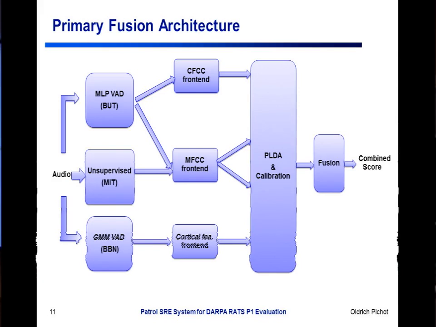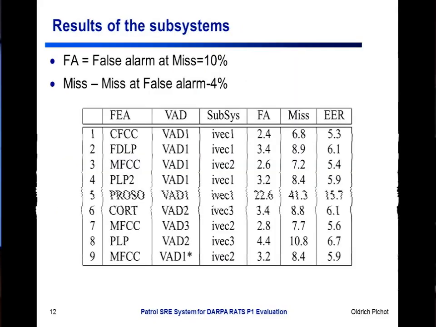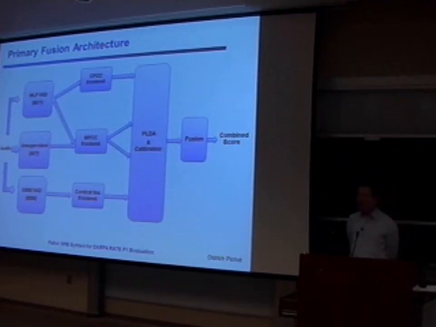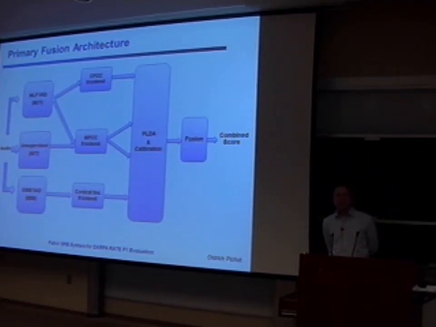Fusion is just a linear combination of scores plus some bias to give you nicely combined log-likelihood ratios. The unsupervised VAD is a VAD that Najim and Zengua developed at MIT. It's basically a 2-pass VAD. It's energy-based.